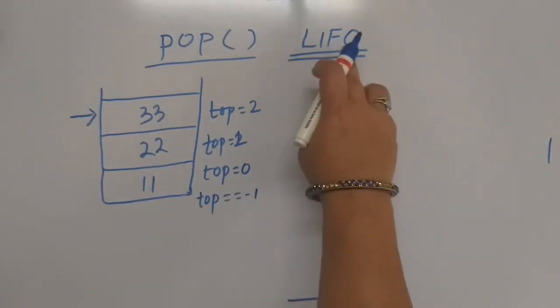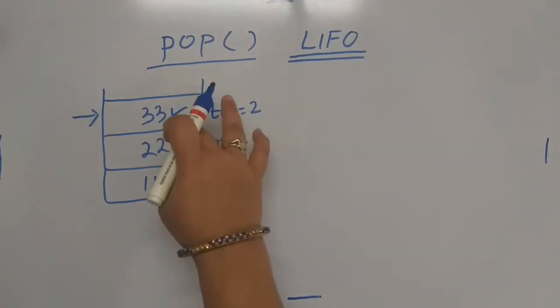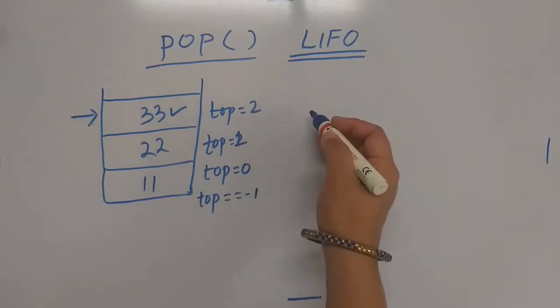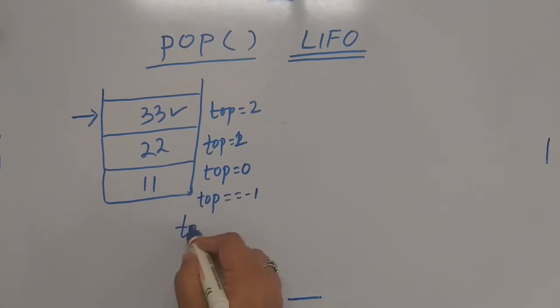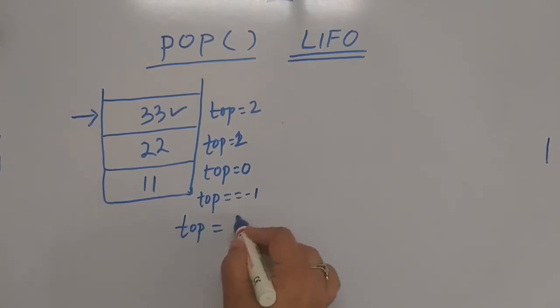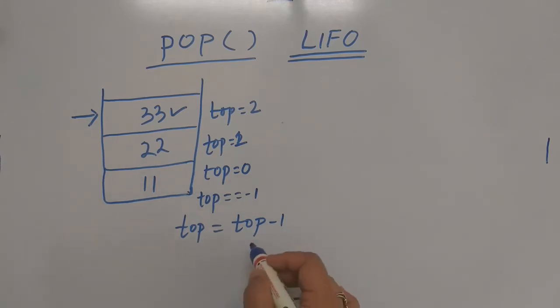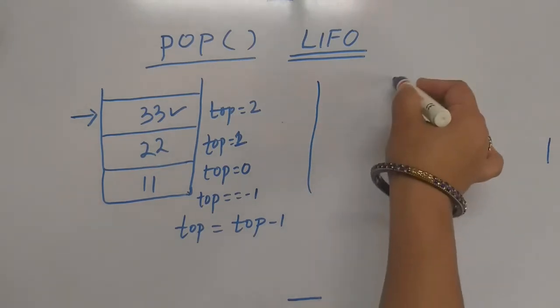Okay, last in first out. So the last element, which is 33, we delete first. Whenever we delete an element, the top is decremented, top equals top minus 1.